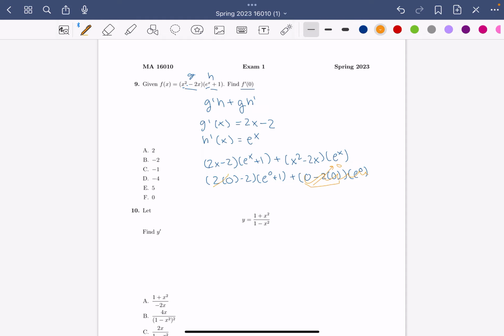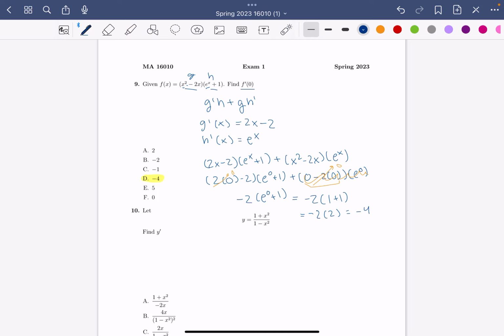And this is going to be 0 too. So let's rewrite this: negative 2 times e to the 0 plus 1. We know that e to the 0 is 1, so negative 2 times 1 plus 1 equals negative 2 times 2, or negative 4. That is answer choice D.